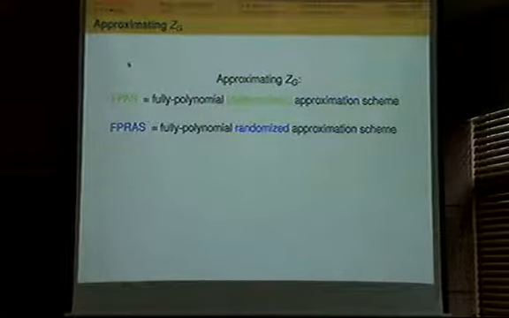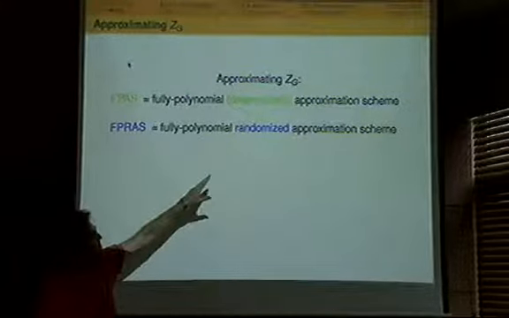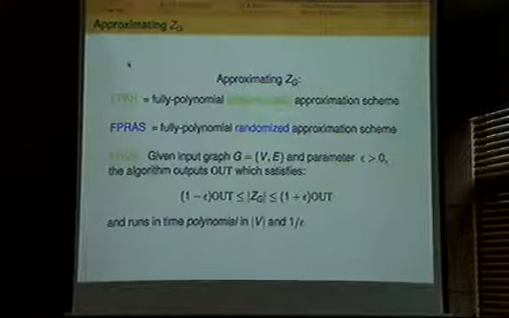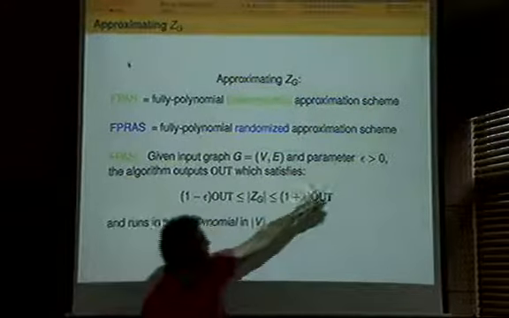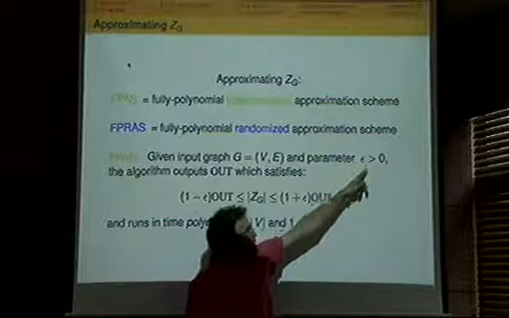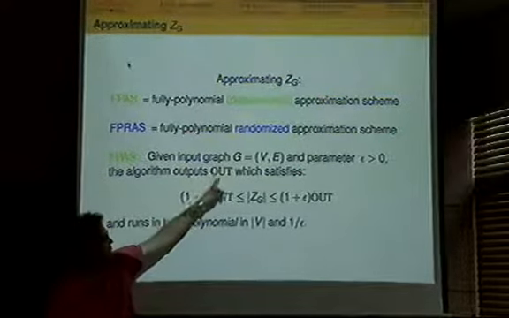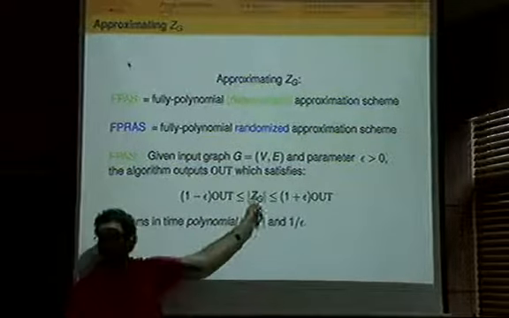What do we mean by approximating the partition function? Well, there's two notions. Either I'm going to have a randomized scheme or a deterministic scheme. So this is an FPTAS. Given my input, a graph and this approximation parameter epsilon, I want to compute an answer which is within a multiplicative 1 plus or minus epsilon of the right answer.